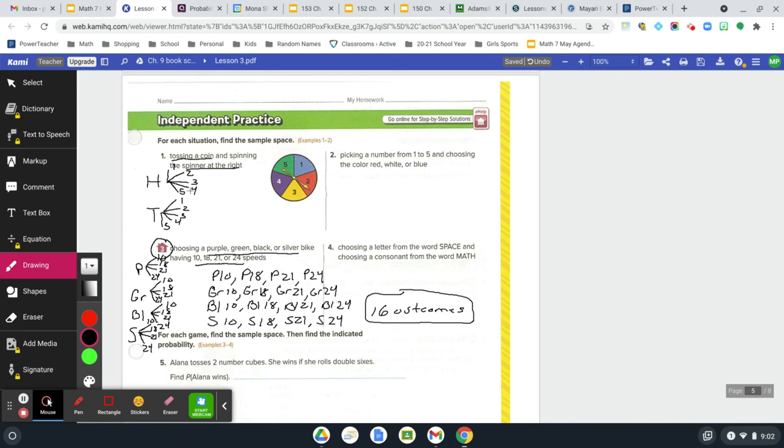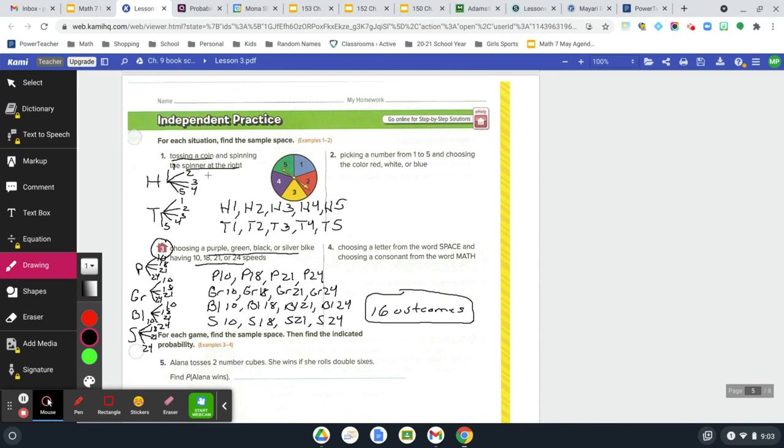And so now if you think about your sample space, how many possible outcomes? Heads in 1, heads in 2. I'm just going to list them. Heads in 3, heads in 4, heads in 5, and then do the same thing with tails, right? You follow the branches all the way through, just like that.